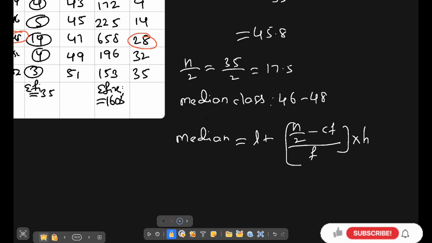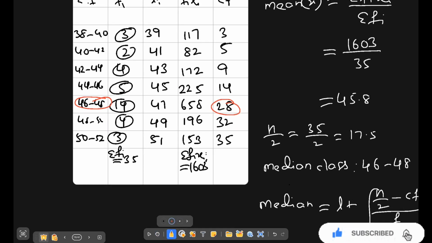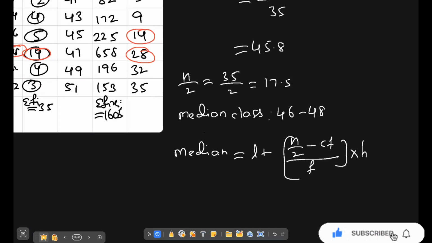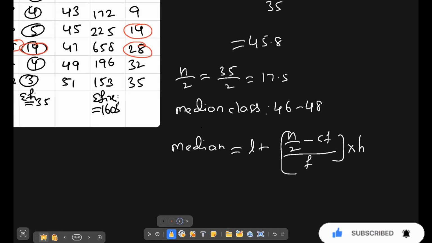Here L is the lower boundary, n by 2, Cf is the cumulative frequency of the class preceding the median class, which is 14. f is the frequency of the median class, 14, and h is the median class size, 2.